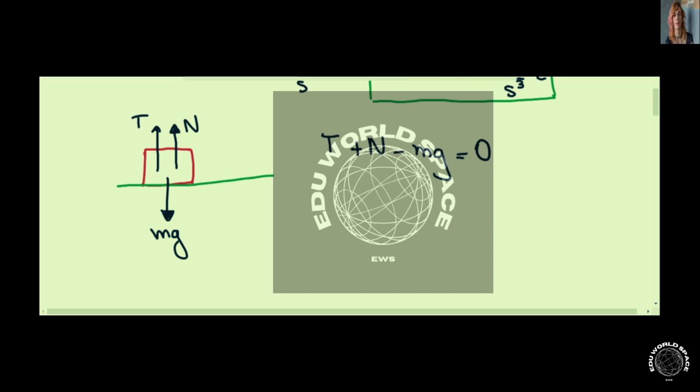Now notice that as the force on the rope increases, the tension increases, and the normal force decreases, until the normal force reaches 0. When the normal force reaches 0, the block starts to be lifted up. That happens when the tension on the string is equal to mg.